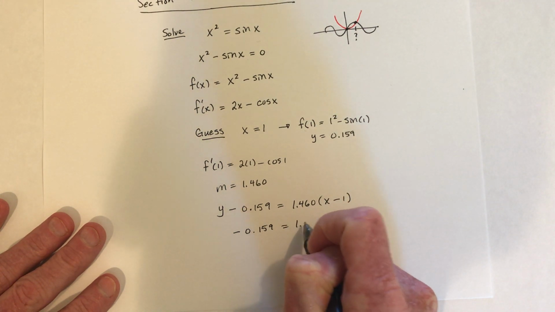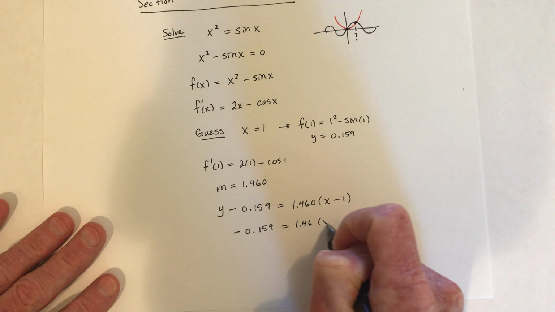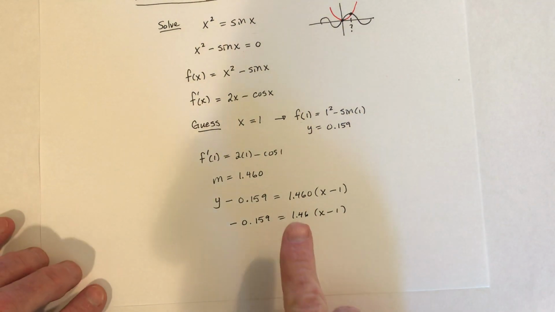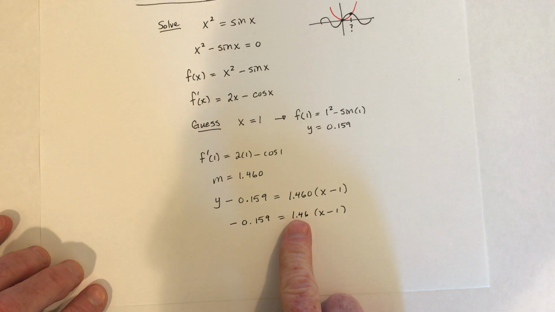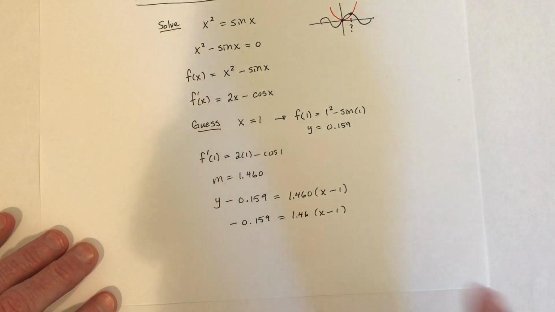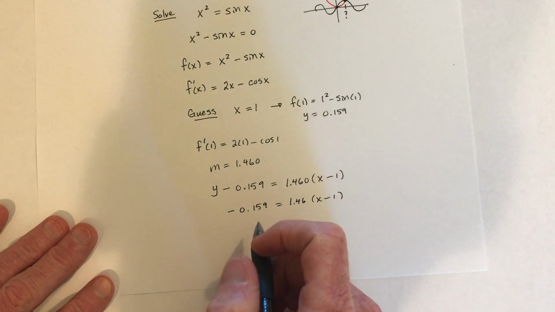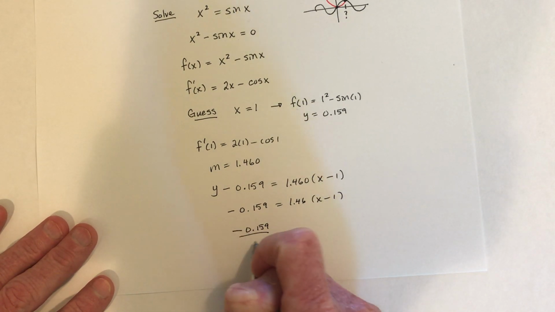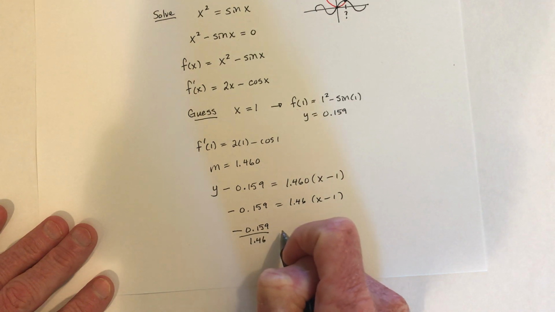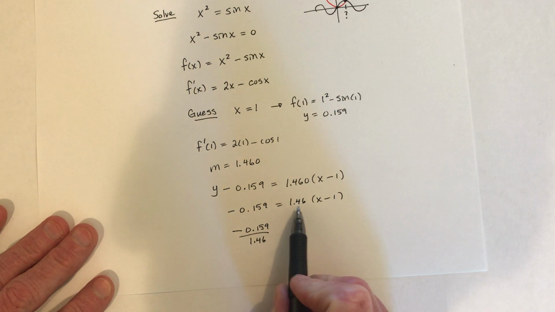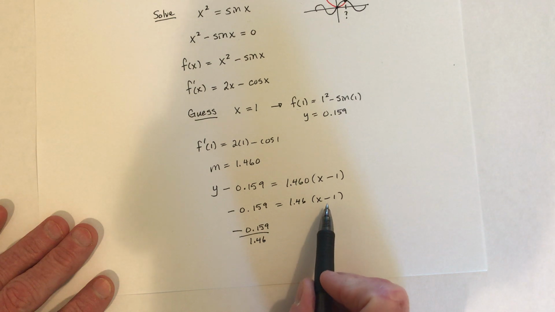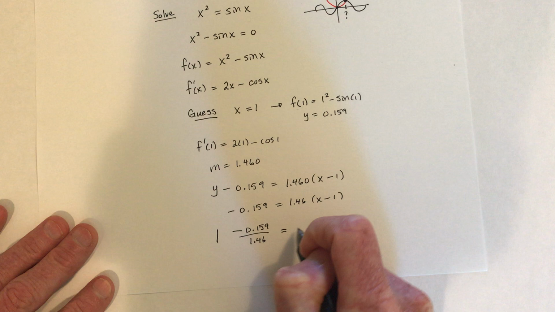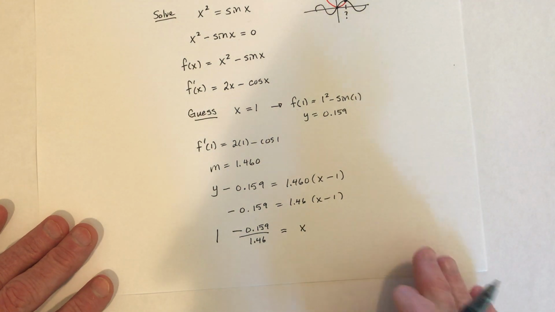And then solve for x. So what I could do is divide both sides by 1.46. And then after this is gone, then I could just add 1 to both sides. And then that's what x equals.